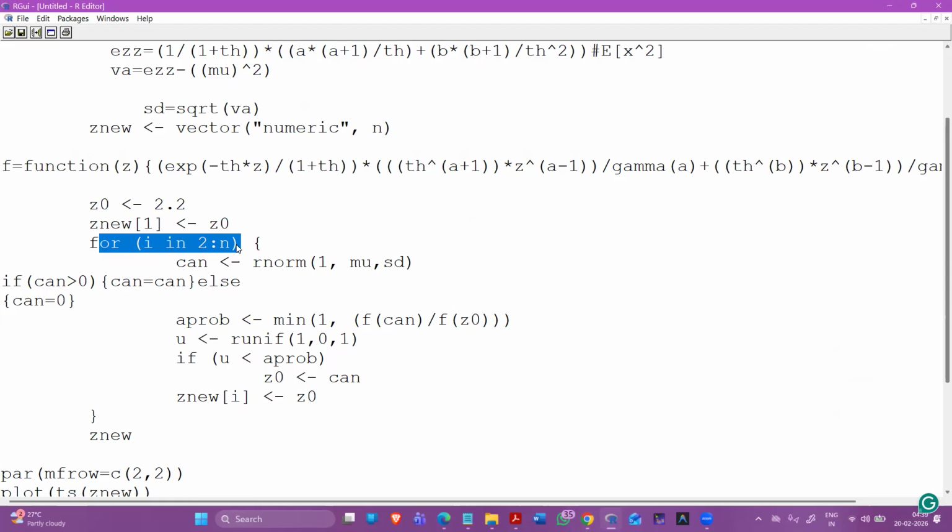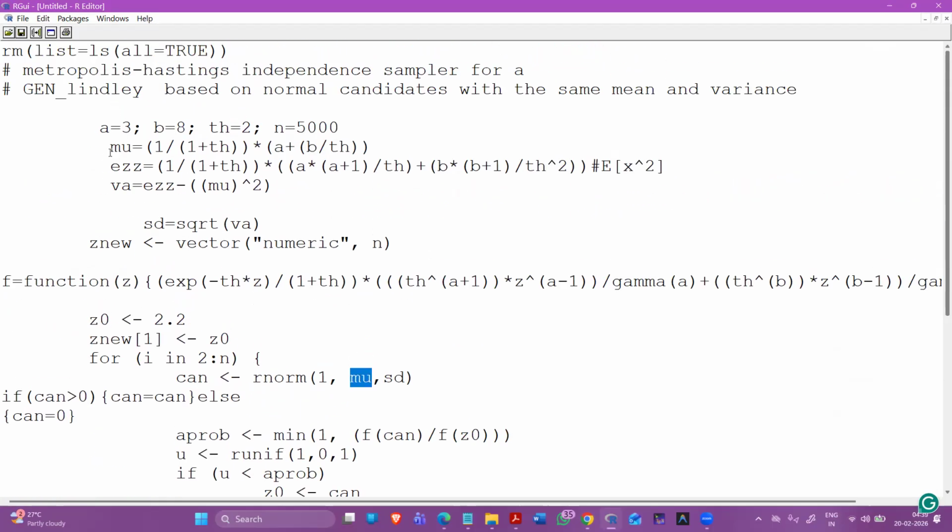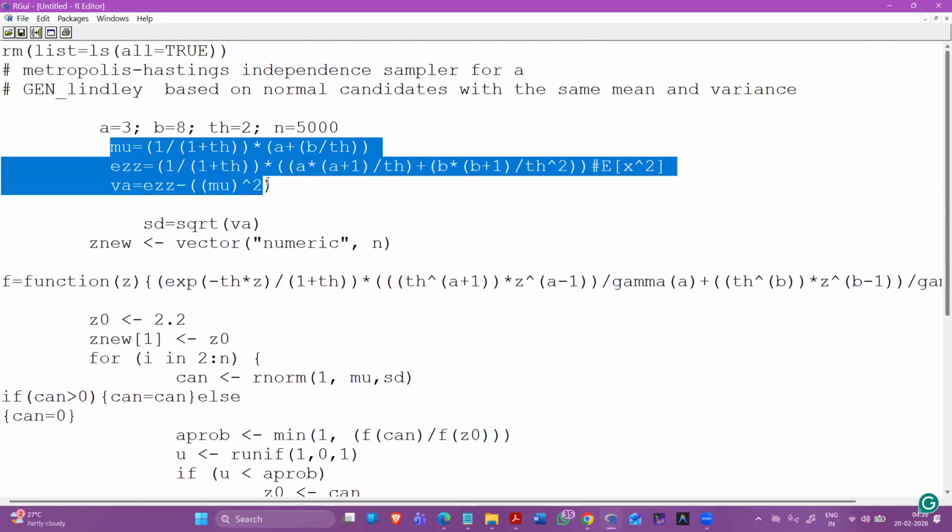because I need the 5000 random variables. After that, I am going to introduce the candidate density, that is the normal distribution. I am going to use the mean and standard deviation same as I had from here.